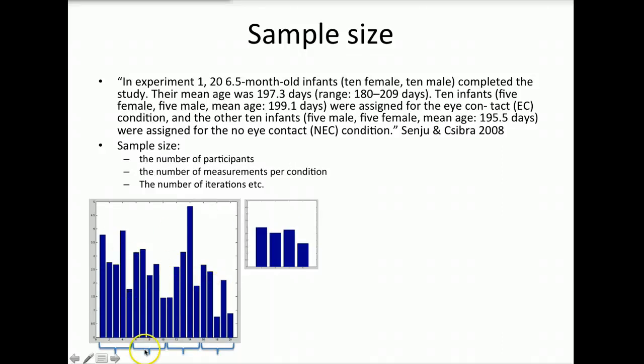So what we notice is that if we are investigating a phenomenon where we generally get great variance in the scores that we obtain, then 5 participants is probably not enough.